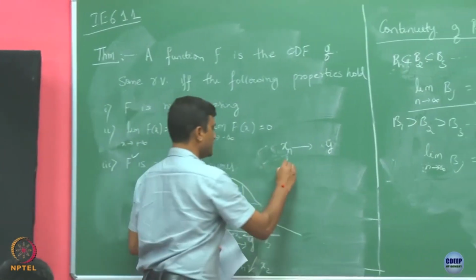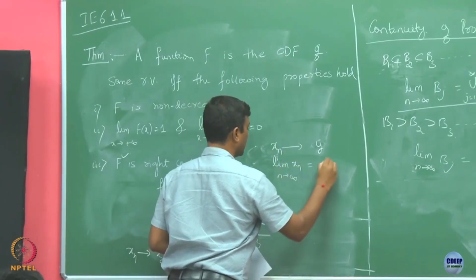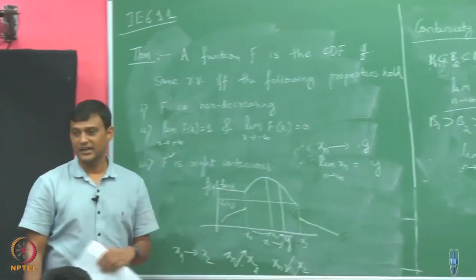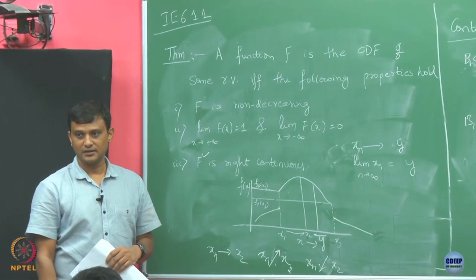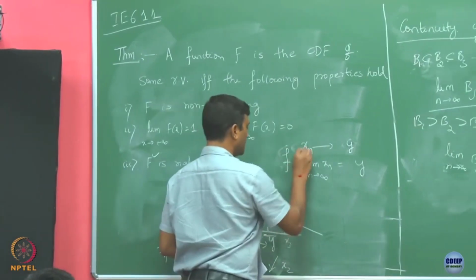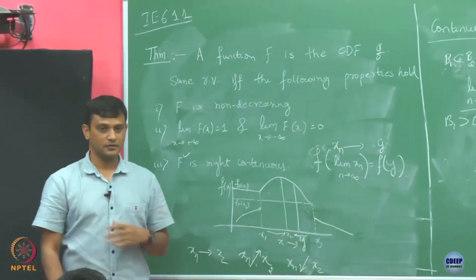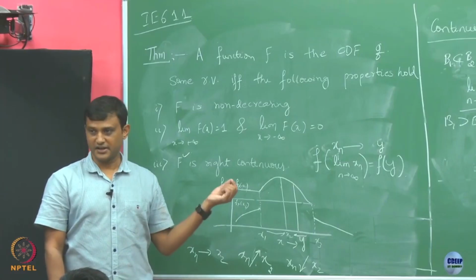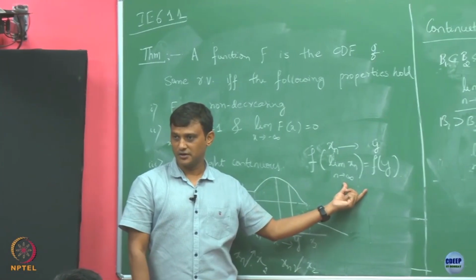So what does this mean? The limit as n tends to infinity of xn equals y. If f is continuous at y, is this true? If the function f is continuous at y, do you expect this to hold?